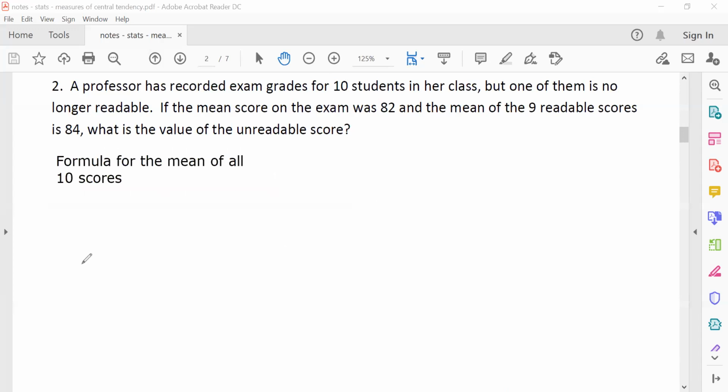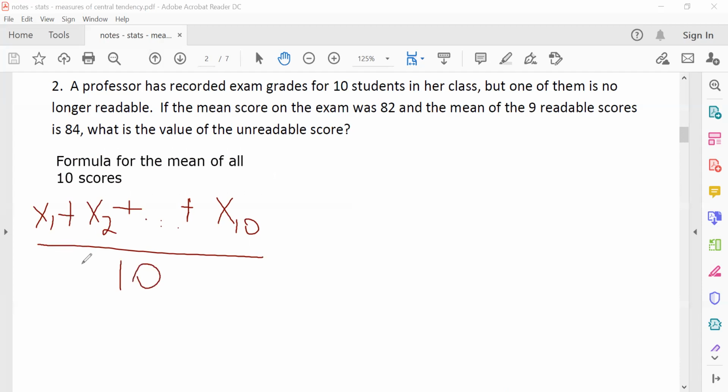Well, it would be the first one plus the second score, plus dot, dot, dot, and then plus the 10th score, and then I would be dividing by 10. So I'd add up all 10 scores, divide by 10.